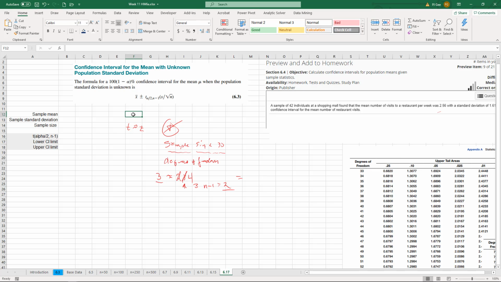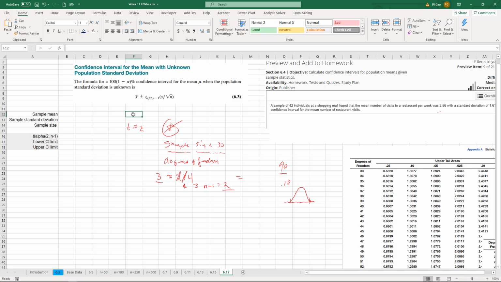Okay, so you'll notice in the equation out of the book, 6.3, that the alpha here, we always have to keep mindful of the alpha is given as, if we want a 90% confidence interval, the alpha would be 0.10. And the reason why you often and always see this alpha over 2 is because we're describing a two-tail problem.